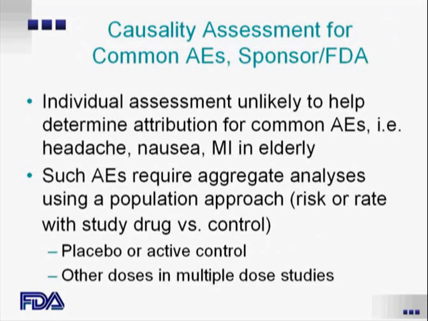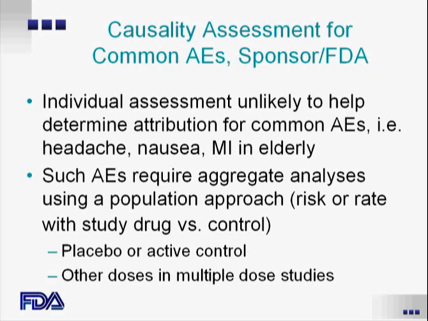So the U.S. individual investigators sometimes, you generally will not have sufficient amount of data and knowledge available to you about the product when it applies to common adverse events like nausea, vomiting, diarrhea, headache, myocardial infarction, yet again, in elderly.